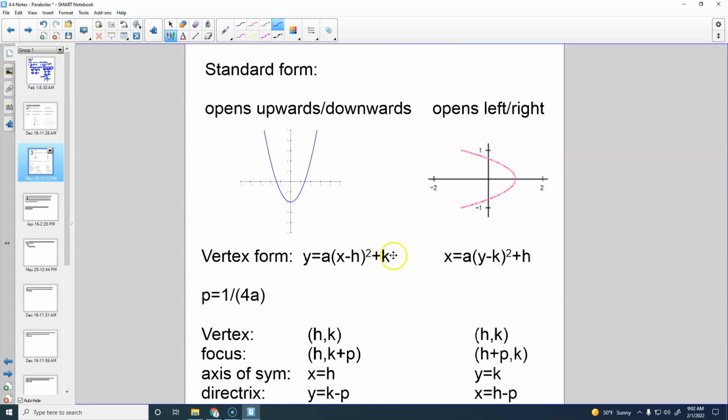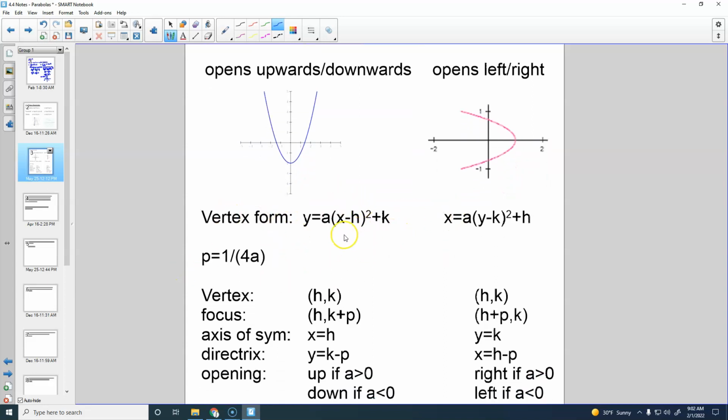But if I add a number out here on the end, that moves the function up or down. If I want to move it left or right, I'll add or subtract a number here. It goes the opposite direction. So if you have a minus h, it would actually be to the right. H goes the opposite direction of that sign that you see there.